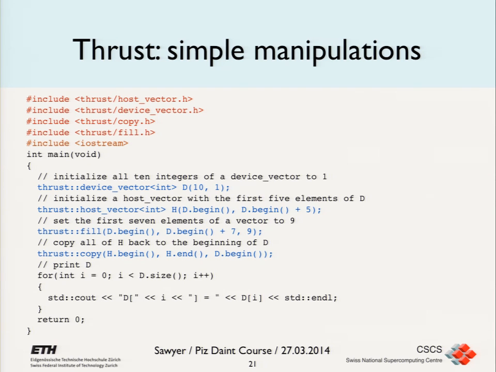This D we fill in with 9s, so the 1s are overwritten until the 7th element. So it's 9, 9, 9, 9, 9, 9, 9. And then I should copy back H into D. H is these 5 elements, which are still 1, and then it leaves the rest. That's what I get. Okay.